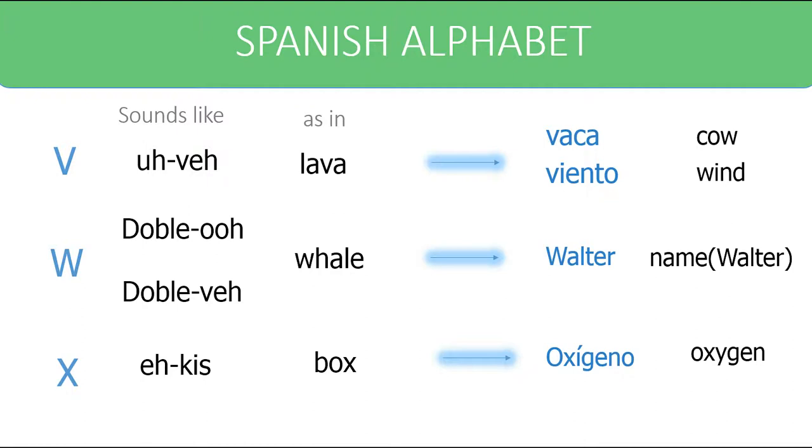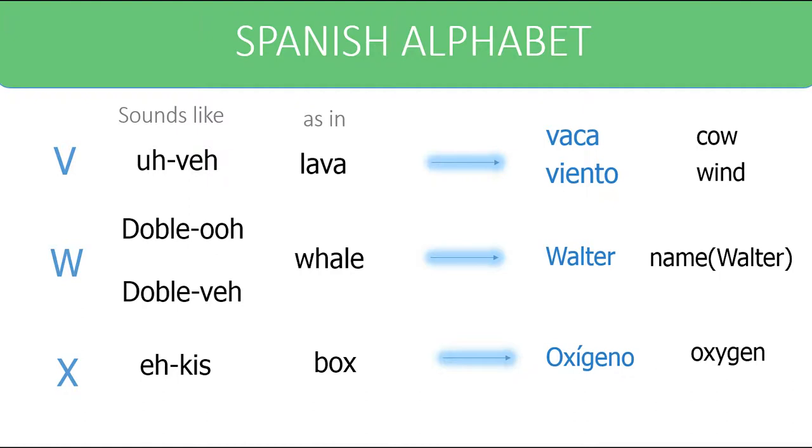So let's remember the sounds. It is V or B, and it sounds like "lava." An example is the word "vaca" and "viento." Next there is W, which sounds similar to "well." For example, "Walter." Then we have X, which sounds similar to the one in "box."